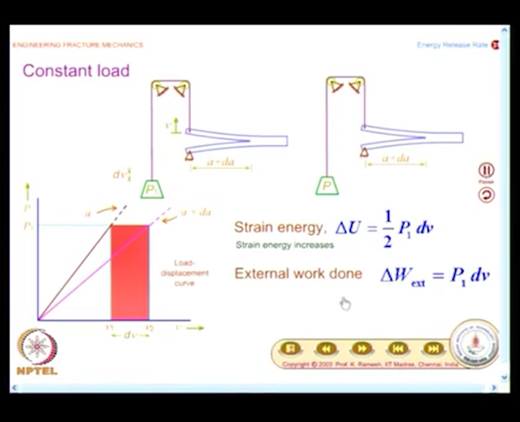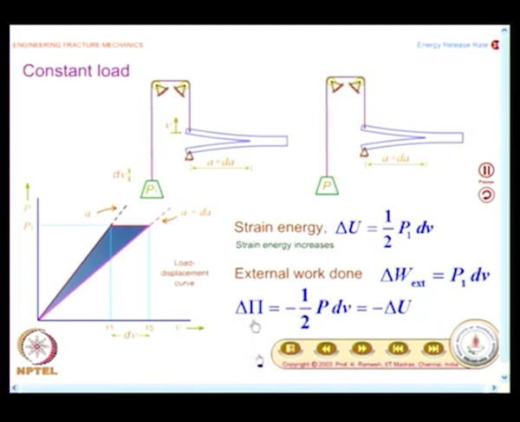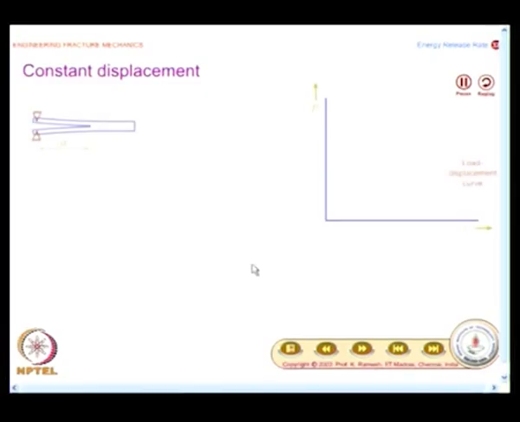And eventually what you get as the change in potential energy of the system is given by this triangle. This is very important, we are looking at it from the point of view of graphical approach, it gives you a good amount of understanding.